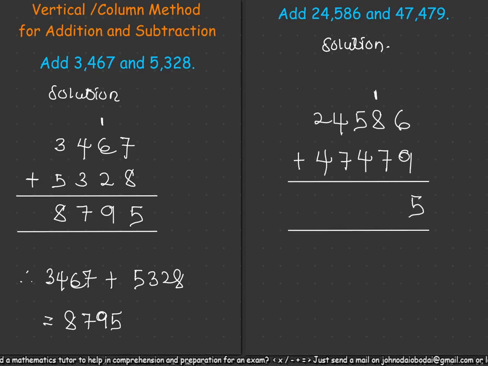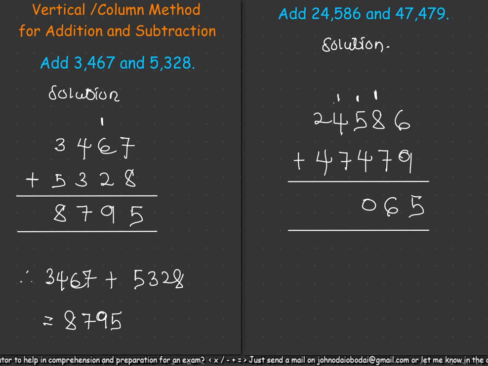Then I start over again. This 1 plus 8, then plus 7, gives us a 16. So your 6 comes here, and you carry the 1 here. So we have 1 plus 5 plus 4, and that gives us a 10. We can't write all the 10 over here, but rather we write only 0. And then the 1 comes up over here.